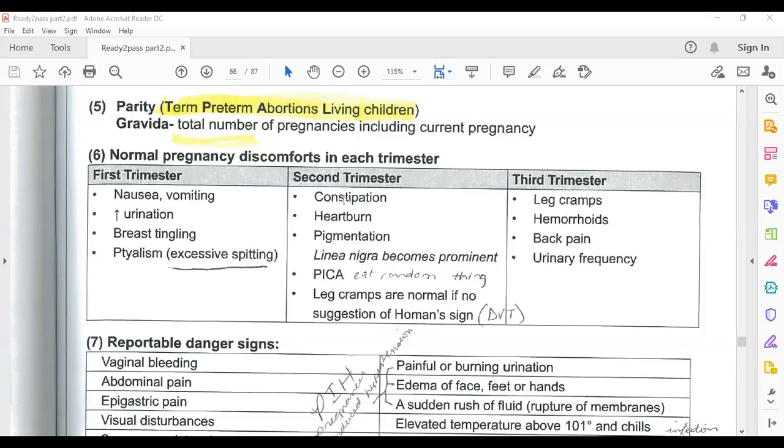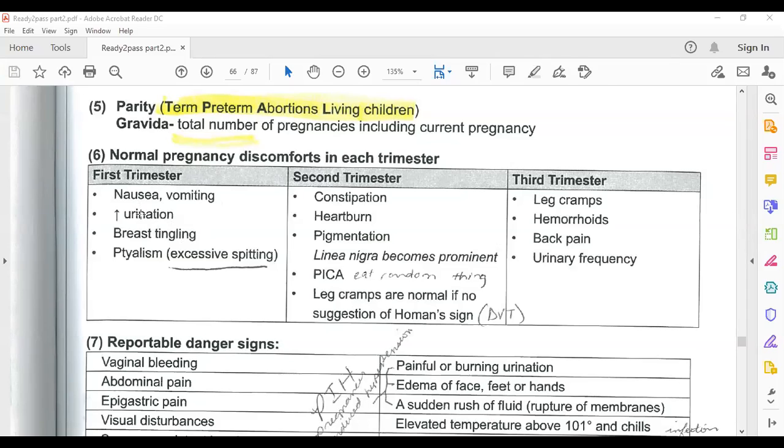As I told you, if mother has nausea and vomiting in the first trimester, especially in the early morning, tell them to eat dry food like dry toast or crackers before getting up in the morning. Also give them some dry food before washing their mouth or teeth.